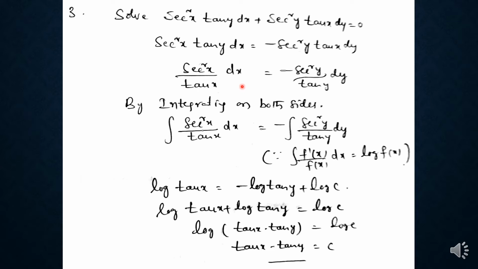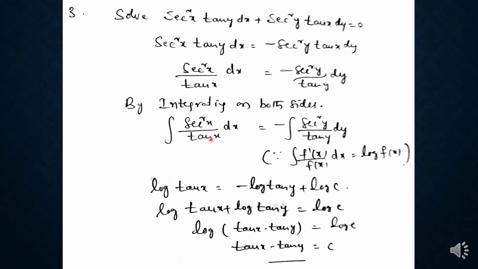So by integrating on both sides, integral secant square x by tan x dx is equal to minus integral secant square y by tan y dy. So if the integrand is in fraction form, then we should check whether it is in the form of f dash x by f of x.